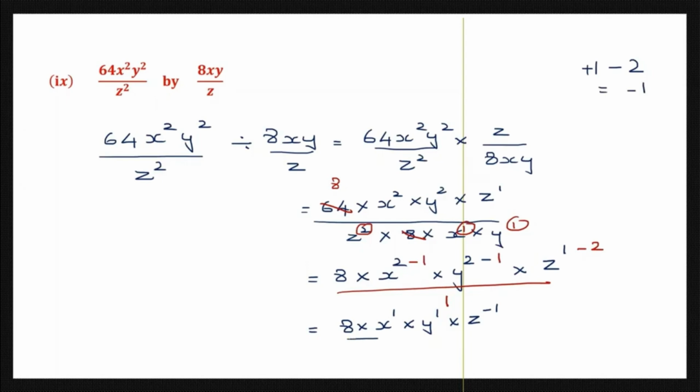And in the denominator, we have 1. So when we put all this together, we have 8x, y. Remember, when you have anything raised to the power of minus, that should come to the denominator. So this is z to the power of minus 1. So I'm going to put z in the denominator. So 1 into z is z. So what is my final answer?